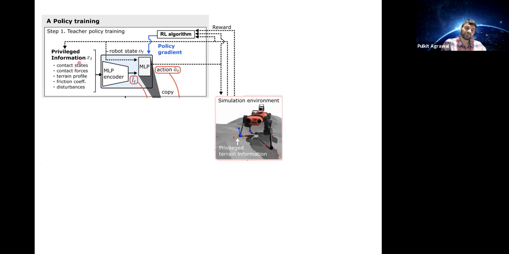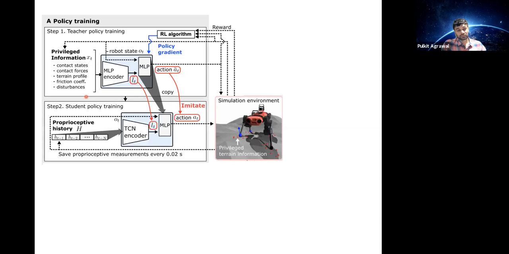But obviously, we don't have access to this privileged information in the real world. So what do we do? We have some readings on the foot, which they're referring to as proprioceptive readings. What does proprioception mean? Typically it means two things. One is your knowledge of how much your actuators are moving.